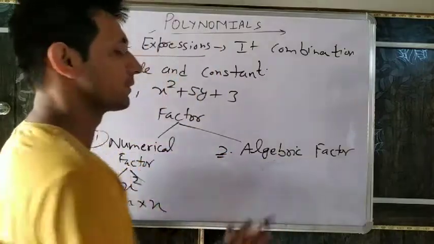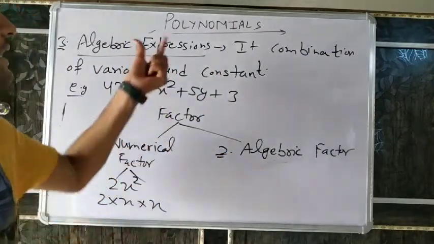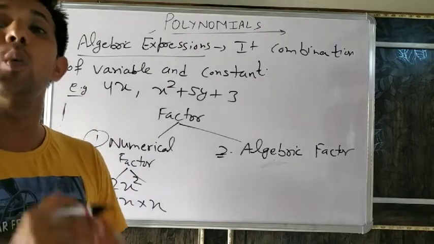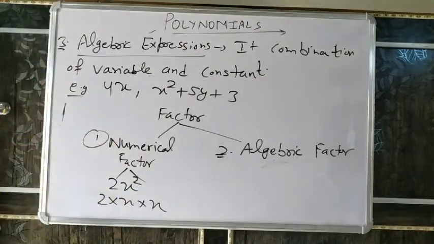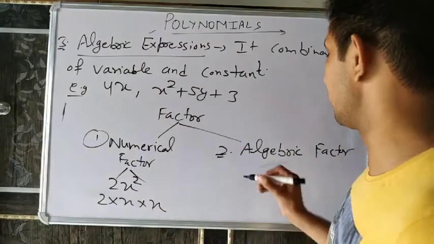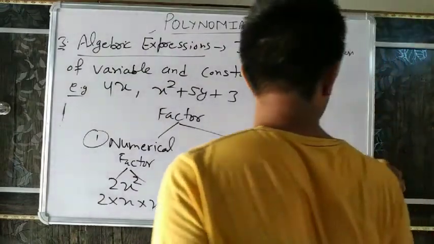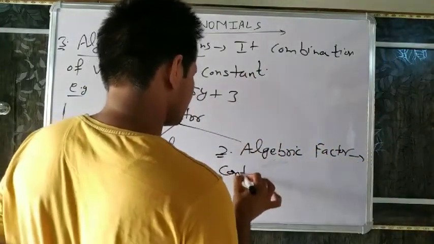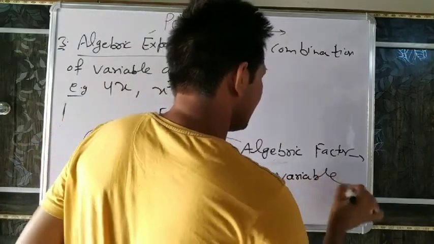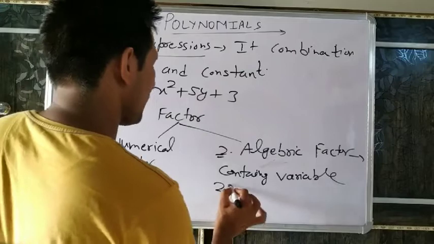Second is algebraic factor. What is algebraic factor? Algebraic factor means containing variables, x, y, z. Suppose 2xy.